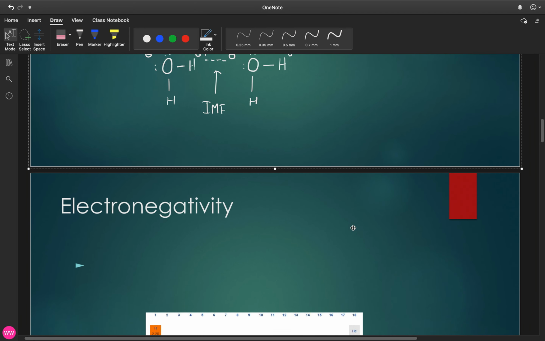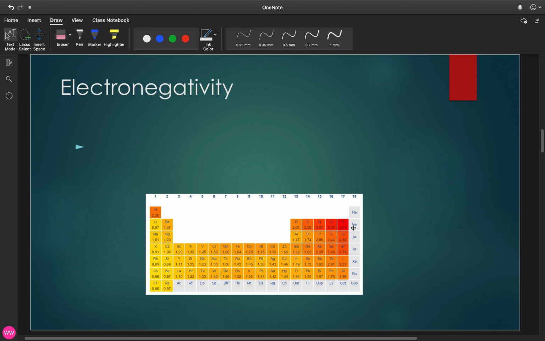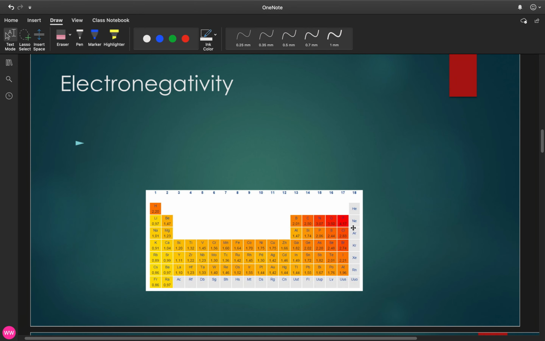So prior to doing this, though, let's just remind ourselves a couple of things that are going to be important. First off, electronegativity. Electronegativity refers to the ability to attract electrons in a chemical bond.